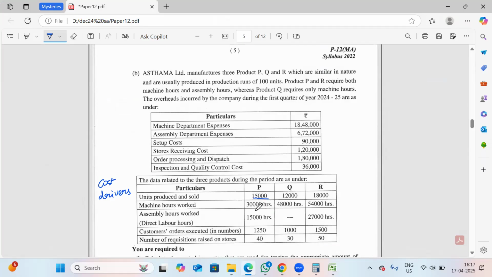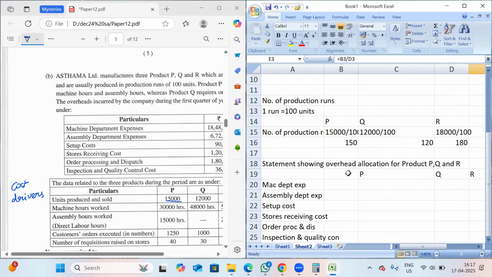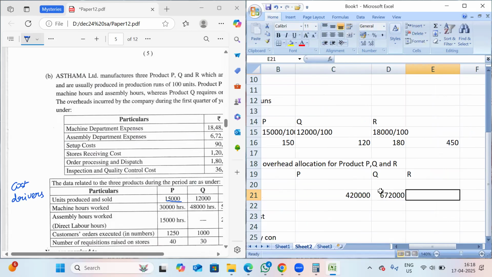That is machine hours, right? So 14 into 30,000, then 14 into 48,000, and 14 into 54,000.